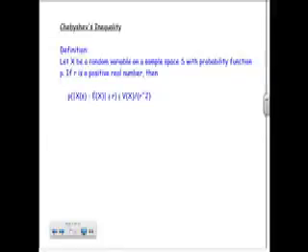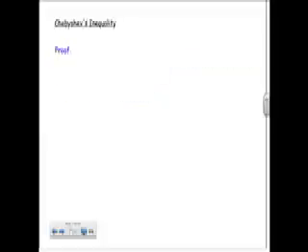Chebyshev's inequality states that if x is a random variable on a sample space S with probability function p, and r is a positive real number, then p of the absolute value of x(s) minus E(x) being greater than or equal to r is less than or equal to V(x) divided by r squared.